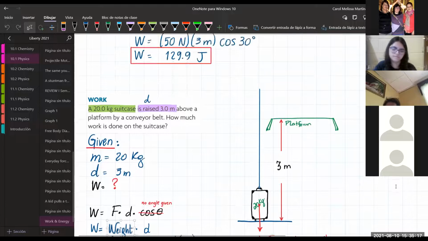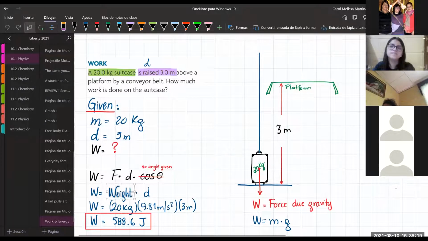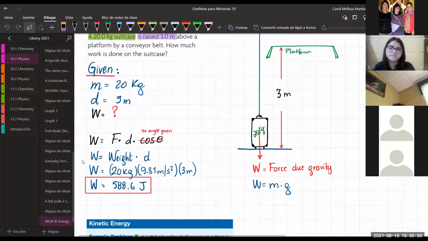And if the objects are completely vertically lifted, no angle is going to be given. So you can totally ignore the rest of the formula like we did in here. So in the end, the work on this object is going to be its weight multiplied times the distance it is lifted.